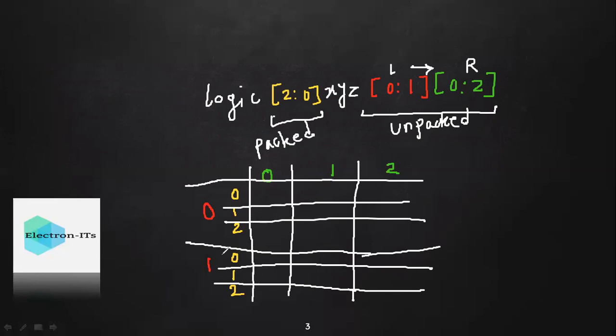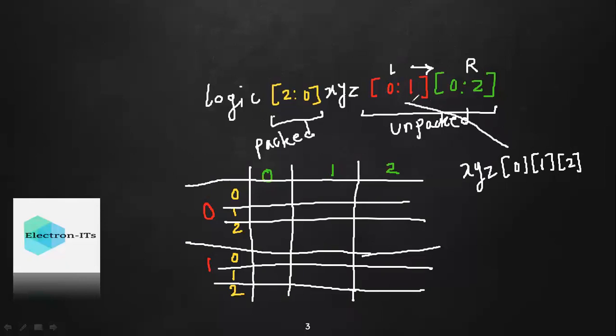So if you want to display the result for xyz 0 1 and 2, so where will this data be present? 0 1 2. So this 0 is nothing but this part.